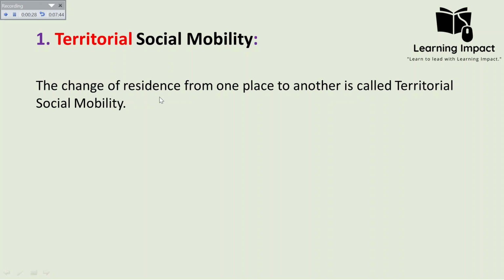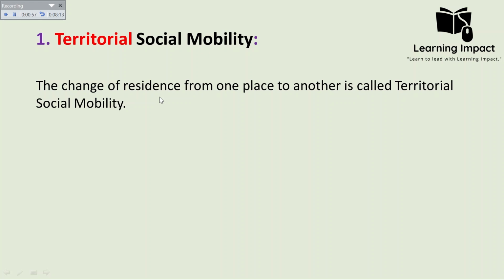We usually witness this kind of mobility whenever we have a rural-urban division in our society. Whenever there is technological advancement, people move from rural areas to urban areas in search of a better standard of living and better occupational opportunities. This is something obvious, and we usually witness it in our society. So territorial social mobility is one of the common types of social mobility which most societies pass through.